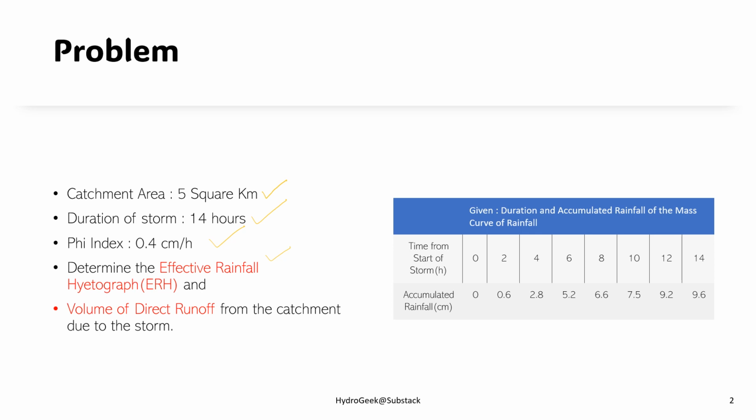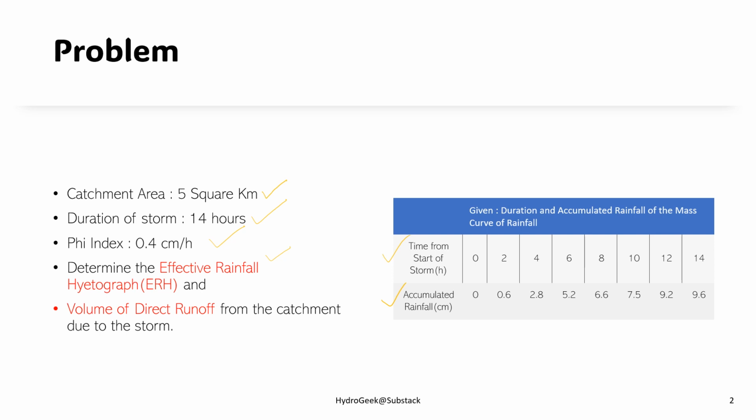So the mass curve is also referred to as accumulated rainfall versus duration of rainfall, or time from start of storm to end of storm.